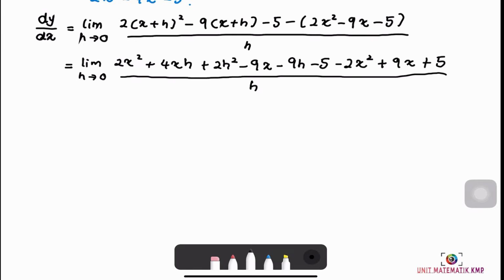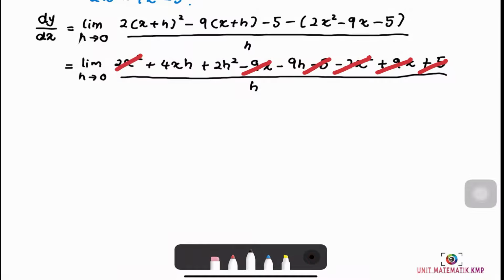So next step we simplify. With this one we have 2x squared, we cancel it off with this minus 2x squared. We have minus 9x and plus 9x here, then we have minus 5 and 5 here.